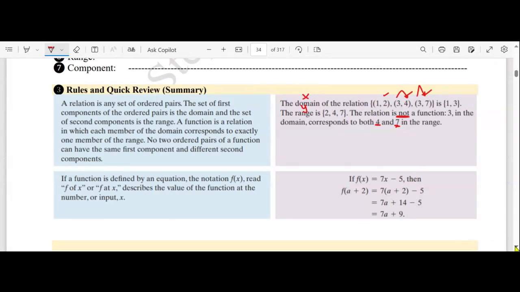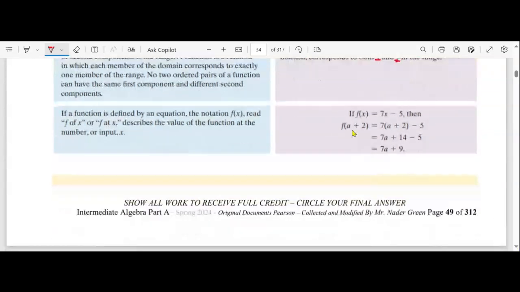Now let's take a look at the next one, a notation. If you're given a function f of x equals 7x minus 5, and you're asked to replace x by a plus 2, instead of x we write a plus 2.